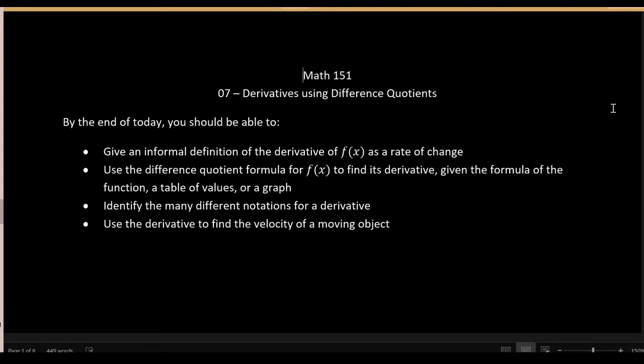Now, as a word of caution, I'm going to spend several days, I think about 3 videos worth of time, talking about what the derivative represents conceptually and about how it can be used.